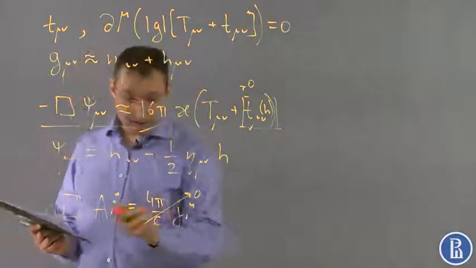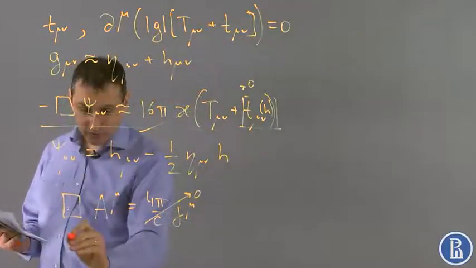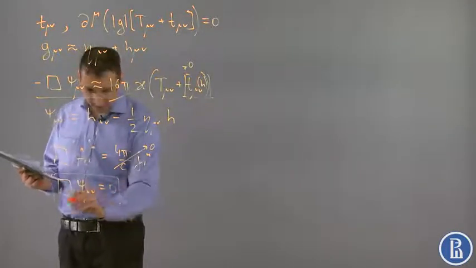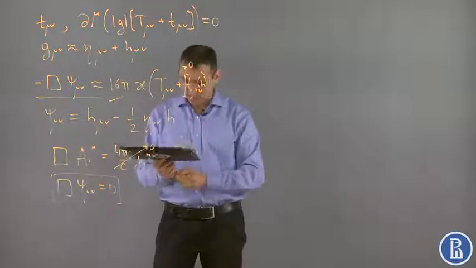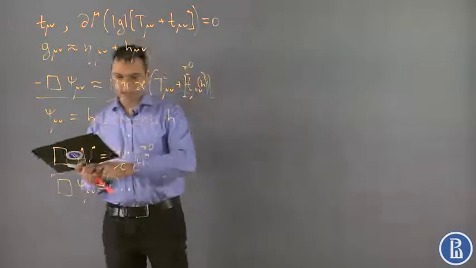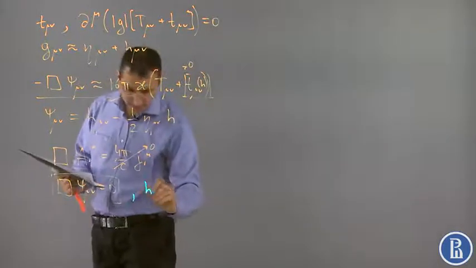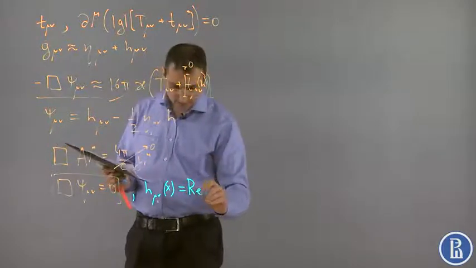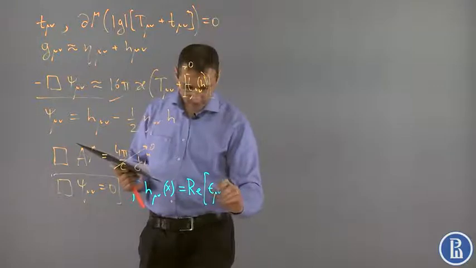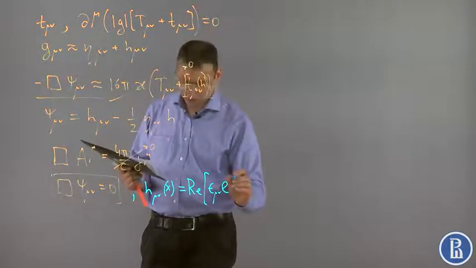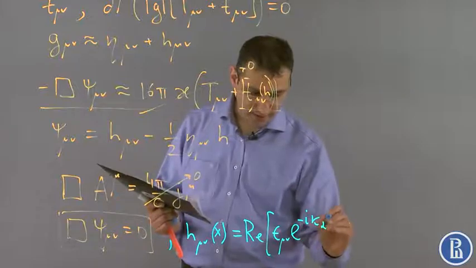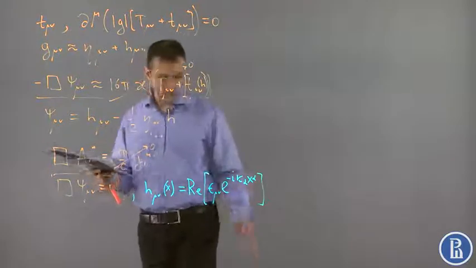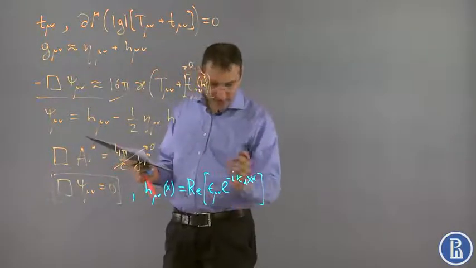Now, similarly to this situation, we want to look for the solution of this equation, box ψ^μν equals 0. We want to consider the solution in the following form: h^μν(x) is just the real part of ε^μν times exp(-i k_α x^α). Here ε and k are some constant quantities.